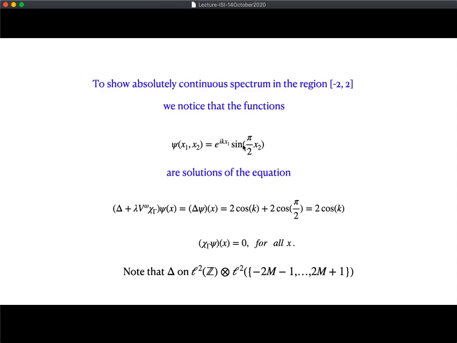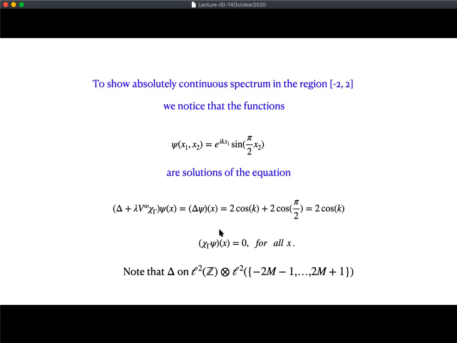So when you look at this collection of functions, then this operator acting on that function, x here is a two-variable vector, this is delta psi, which is equal to 2 times cosine k times psi of x. I should write psi of x here. There is an eigenvalue equation.